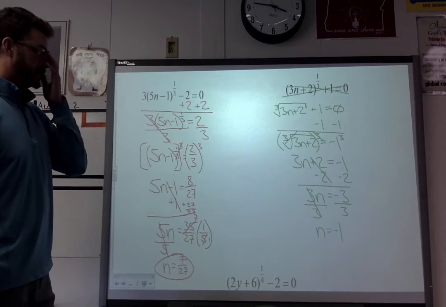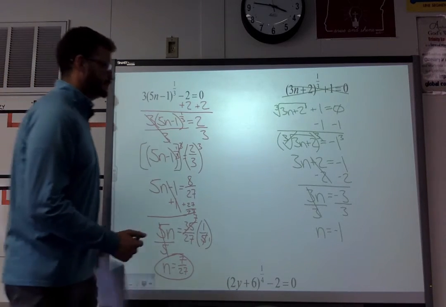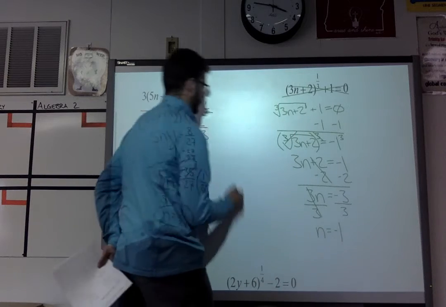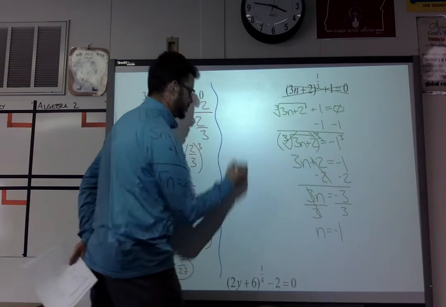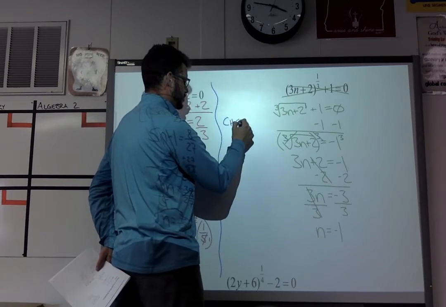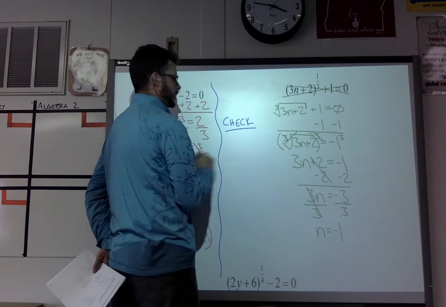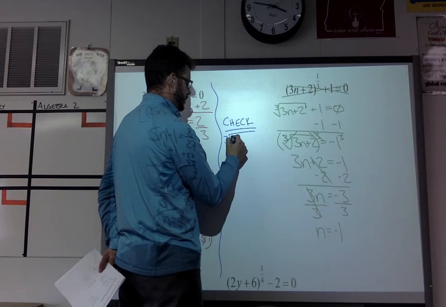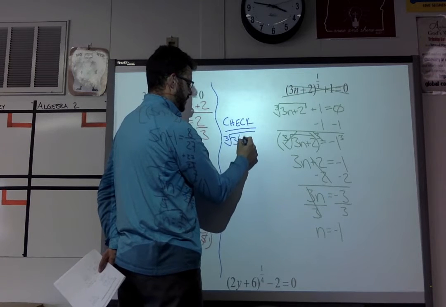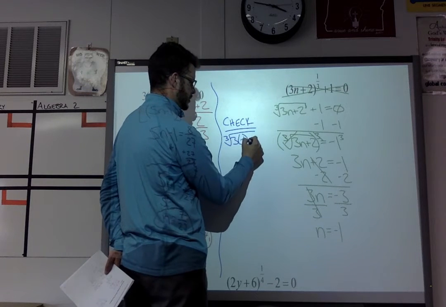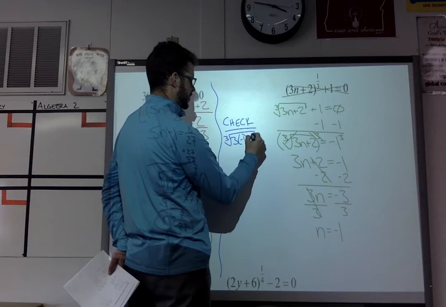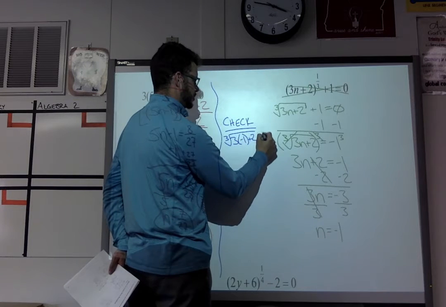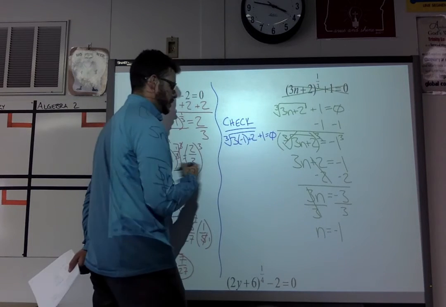Now, if we go back and plug that in and try it, I'm going to have the cubed root of 3 times negative 1 plus 2 plus 1 equals 0.